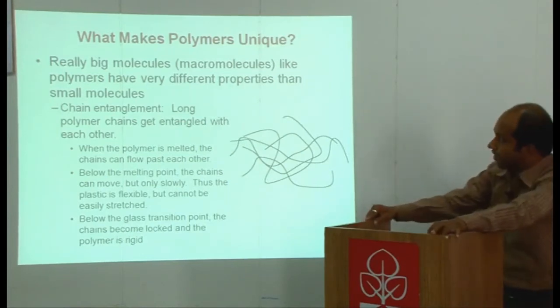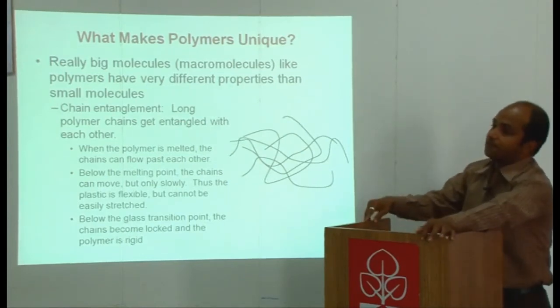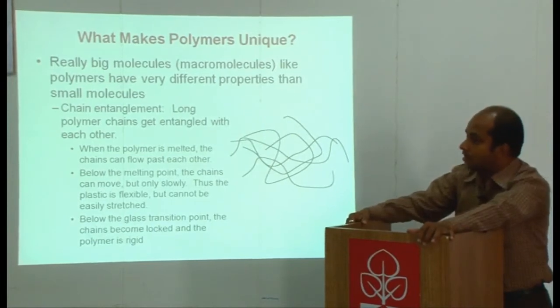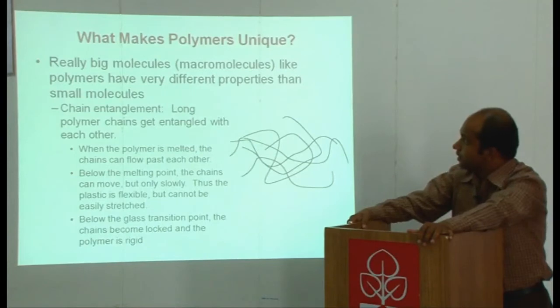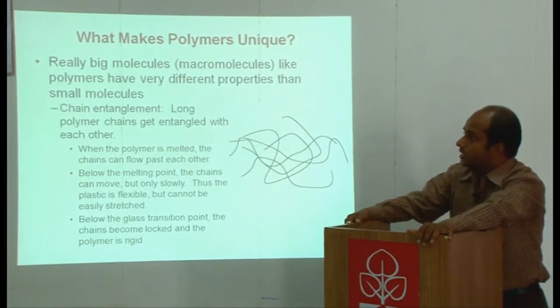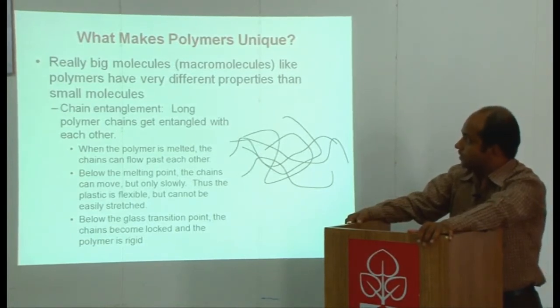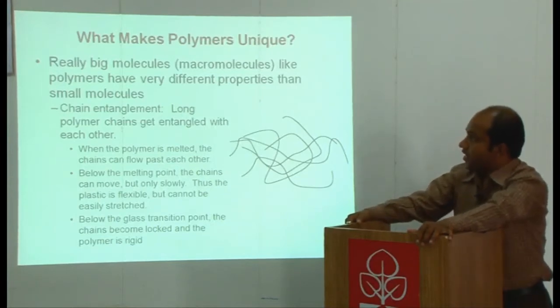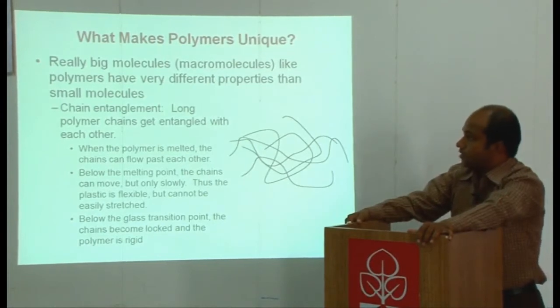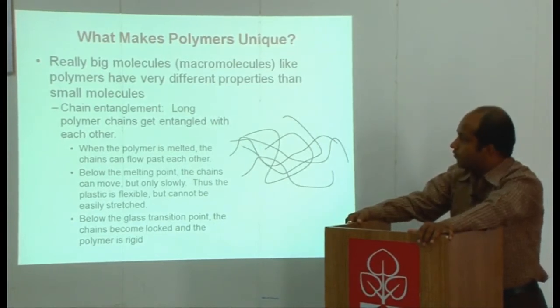So why are polymers unique? What makes them different from the other simple low molecular weight compounds? As discussed earlier, polymers have high molecular weight. They are also known as macromolecules. Because of this high molecular weight, they have properties much different than the normal low molecular weight compounds.